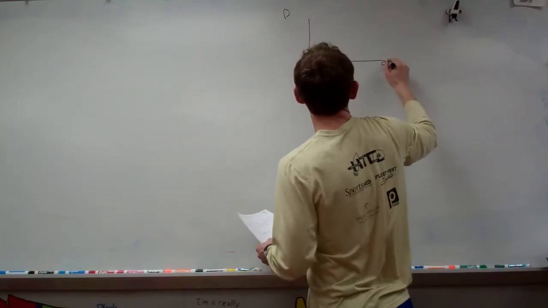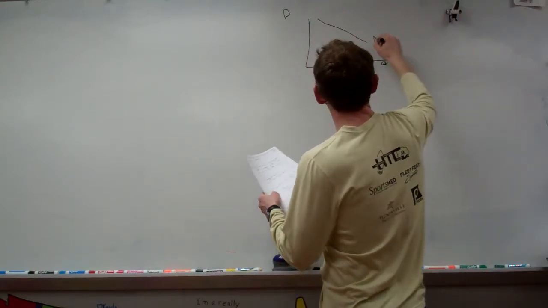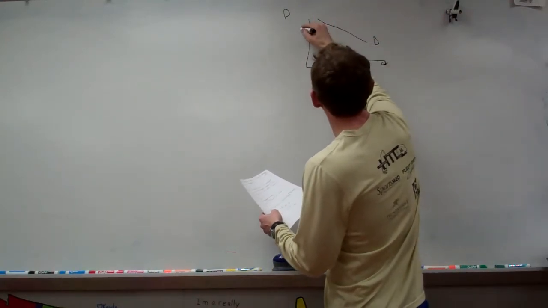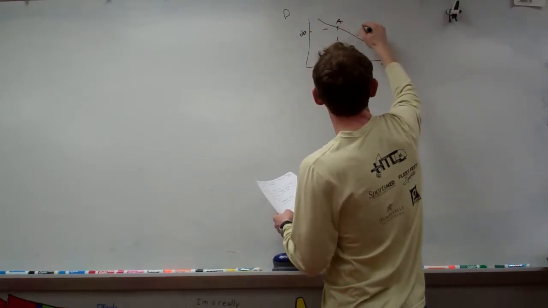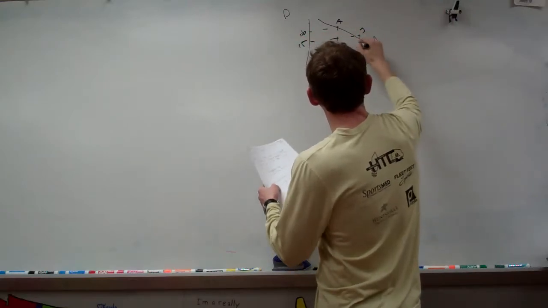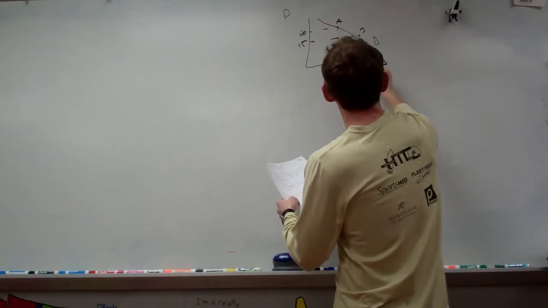So, see price and quantity. Here's the demand curve. It was 20 and 50 at point A, and point B is 15 and 75.